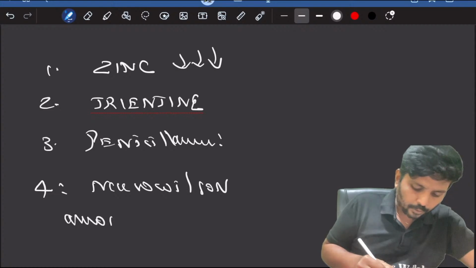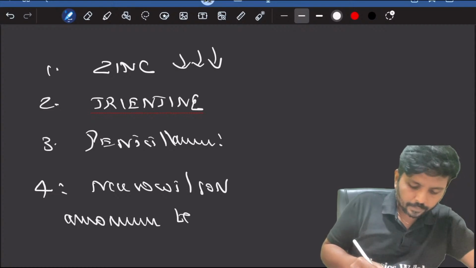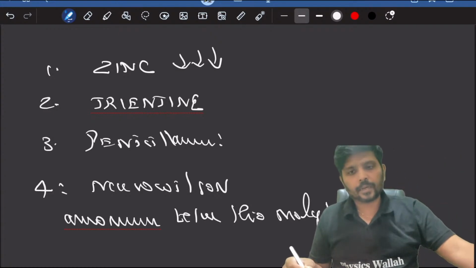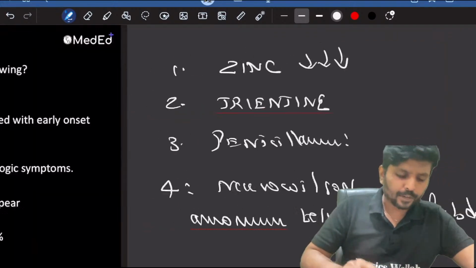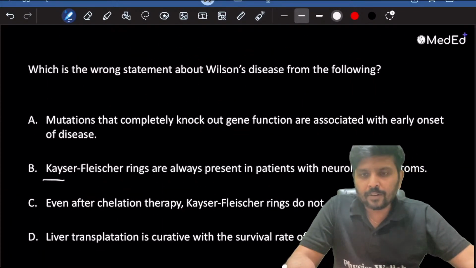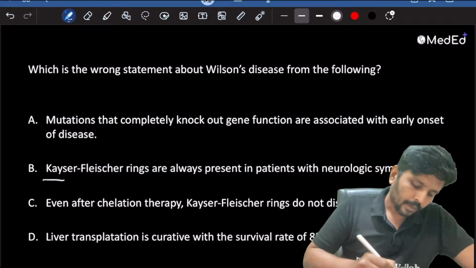Ammonium tetrathiomolybdate is for neuro-Wilson. Remember, at the end stage, you need to go for liver transplantation.